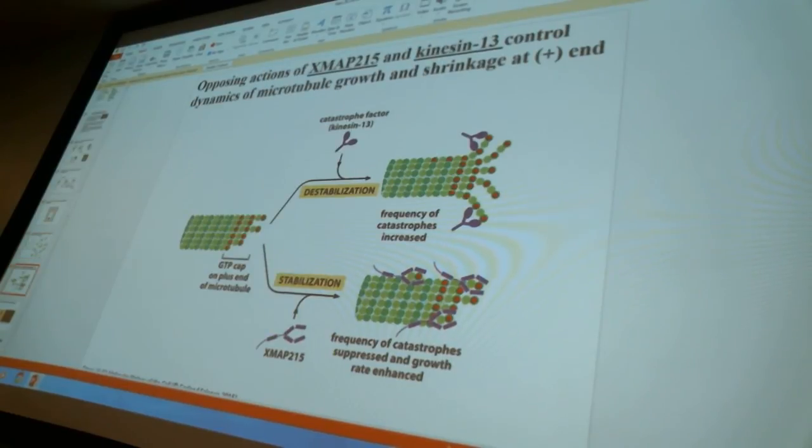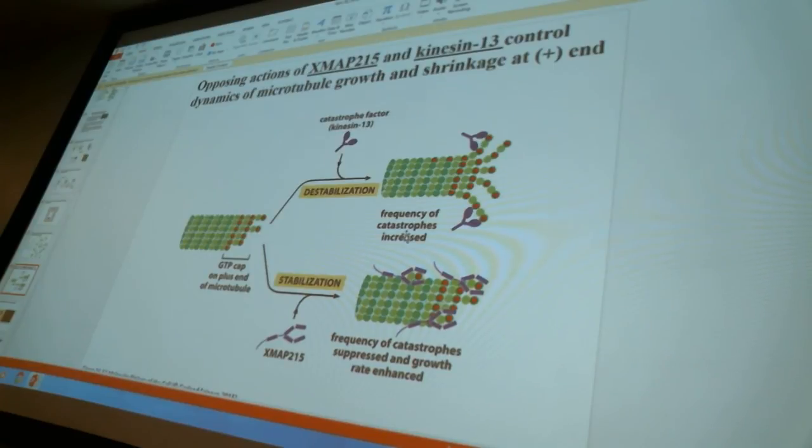Here is an example of opposing action of two accessory proteins, XMAP215 and kinesin 13. So kinesin, in fact, is a motor protein. But here its function is not to traffic things on the microtubules, but rather to pry away the plus end of the microtubule. So it's a catastrophe factor.